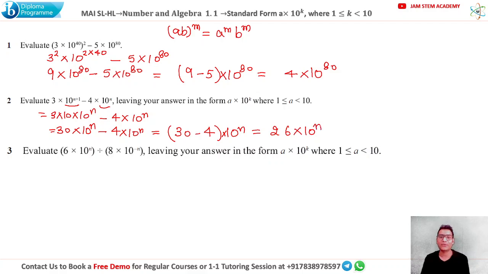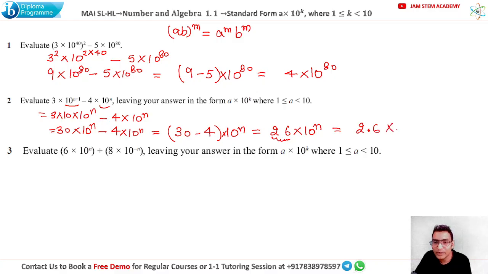But is this the standard form? No, it's not the standard form because this number a is 26. We cannot leave our answer like this if the question says write the answer in the standard form. It means we need to write it as 2.6. We have to take care of the powers of 10 also. We are moving this decimal one place to the left.